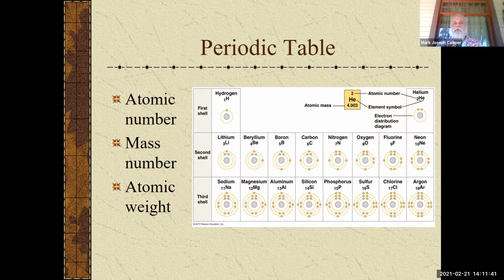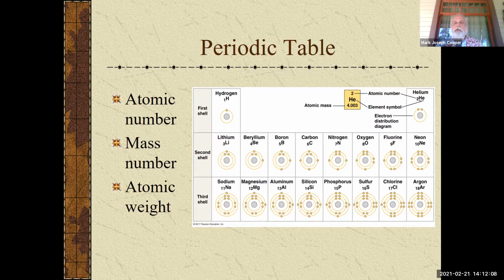The mass number, on the other hand, and be very careful because sometimes it's listed as the atomic mass number. But anytime you see the word mass, it's kind of equivalent to weight here on Earth. And so what that number would include would be not only the protons but the neutrons.